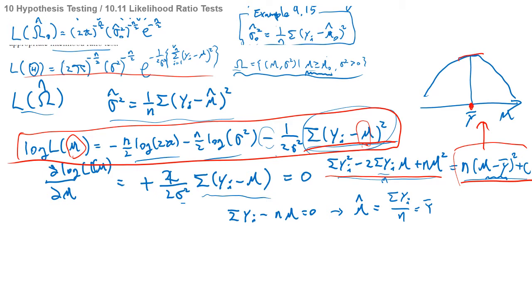And actually we have the restriction that mu is greater than mu 0. So if mu 0 is less than y bar, then our mu hat is y bar.